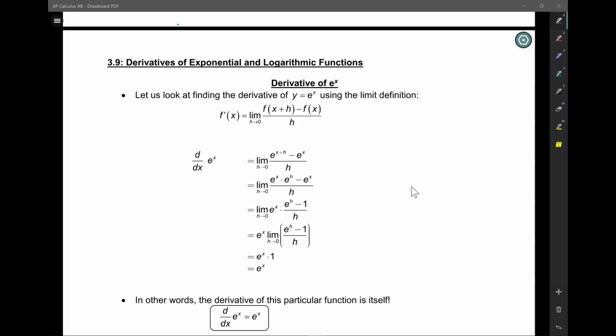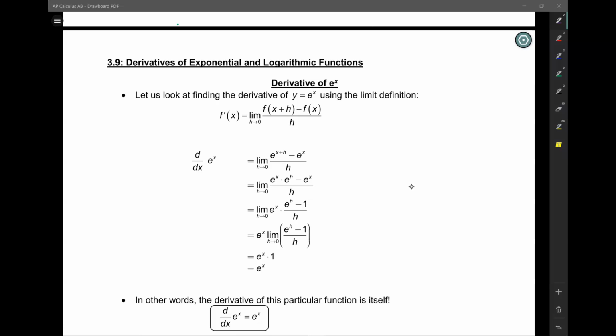But isn't it just like a constant? No, never mind. e is a constant. e to the x, remember, is an exponential growth function.